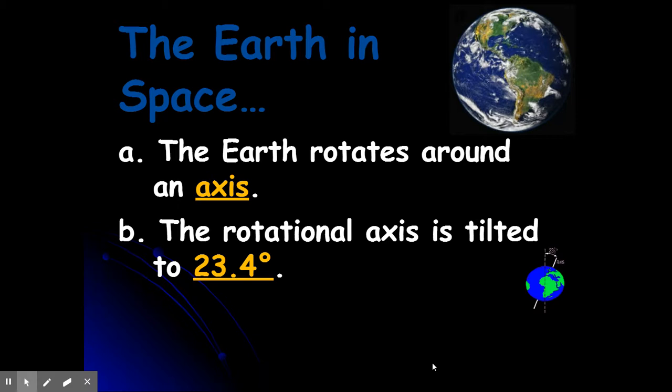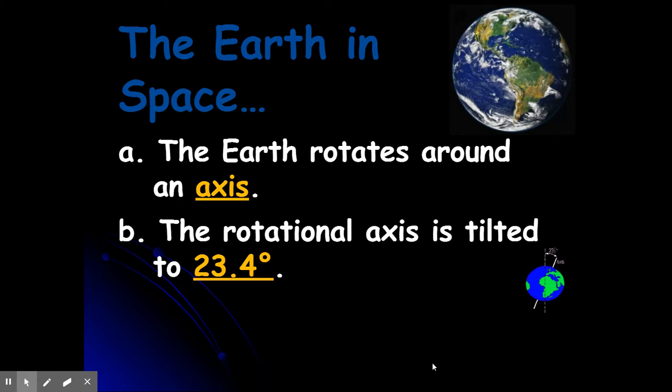So the axis is just an imaginary line upon which the Earth rotates around. So when we talk about rotating, we're talking about spinning. So if you think about a basketball player spinning a basketball on his finger, that would be rotation. Okay. So the Earth rotates around its axis.